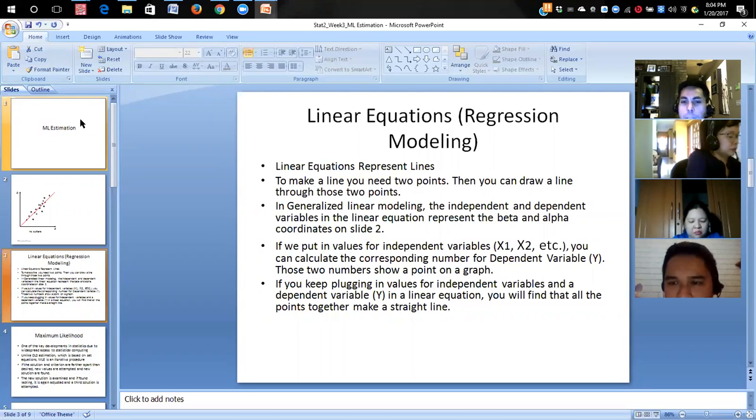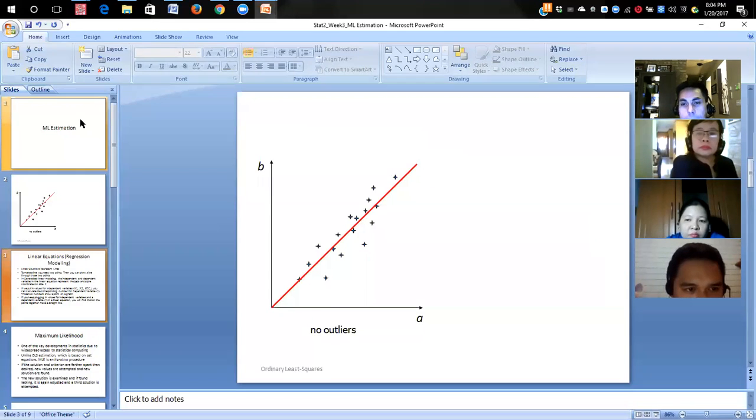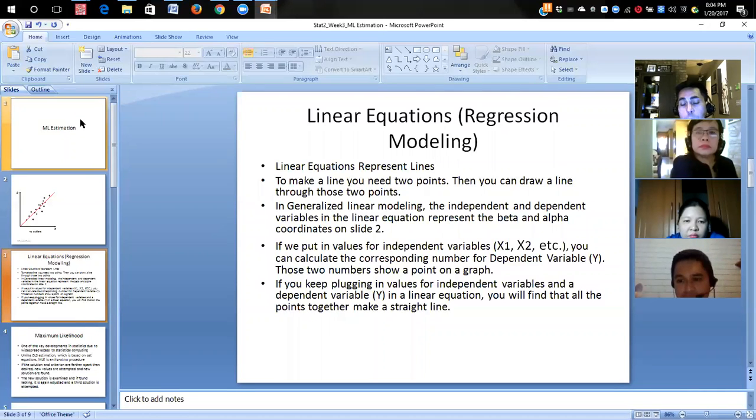These two numbers show a point on the graph. So in linear equations, you just have 2 points, point A and point B. And that is basically your linear equation represented by a line, and that is the fundamental modeling used by generalized linear modeling.